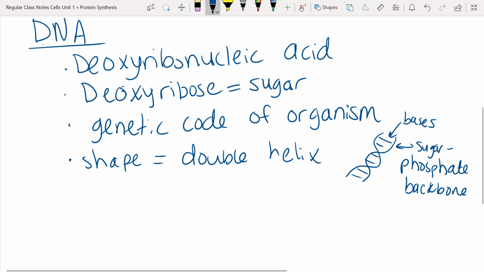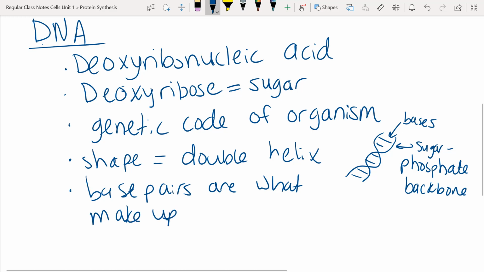Okay. All right, so that's the structure of our DNA. And remember that the base pairs are what make up the genetic code.